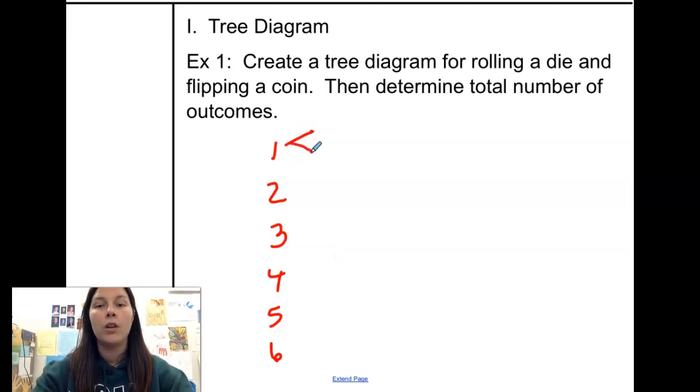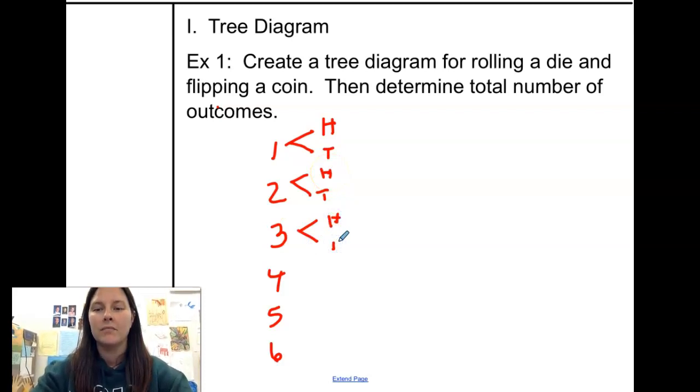When we roll a 1, we could then flip the coin and get heads or tails. If we roll a 2, we could then flip the coin and get heads or tails. If we roll a 3, the coin could come up heads or tails.